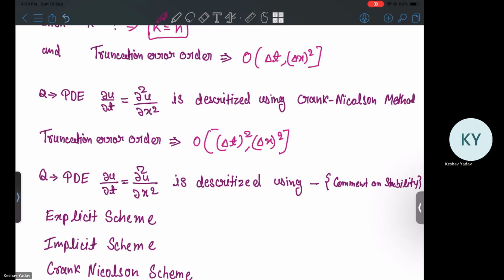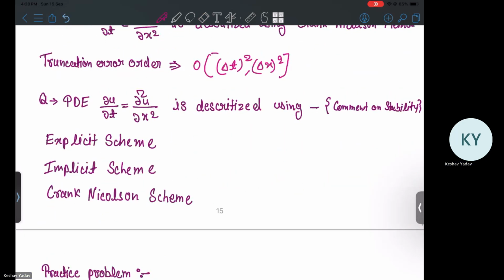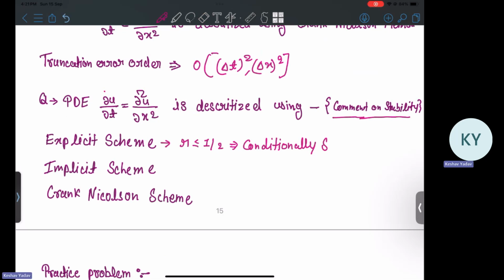Okay. Now the next problem is what? We need to comment on the stability of the explicit scheme, implicit scheme, and Crank-Nicolson scheme. This will be stable only when R is less than or equal to 1 by 2. Means it is conditionally stable.